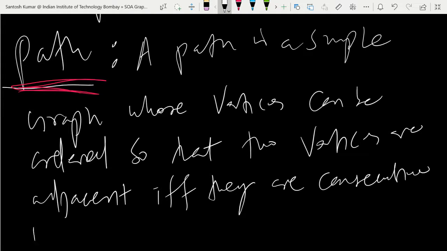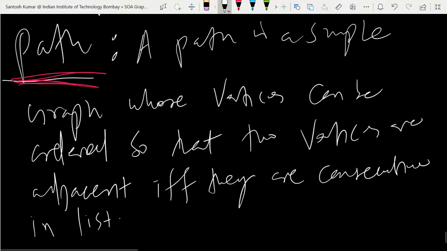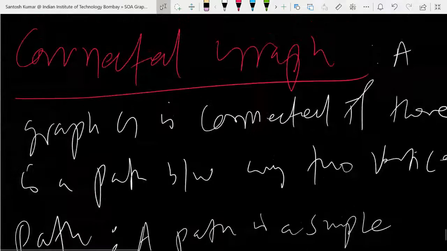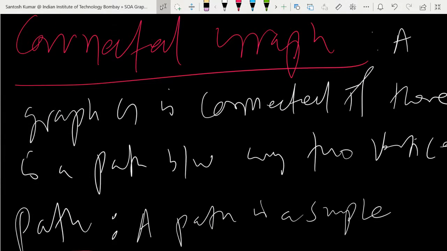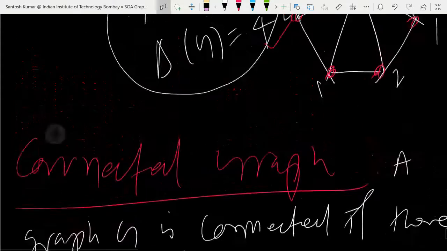So your definition was also correct. Different books, different authors define it in different ways, but they have the same meaning. You can order the vertices like 1, 2, 3, so that two vertices are adjacent if they are consecutive in the list. So a graph G is connected if and only if there is a path between any two vertices.